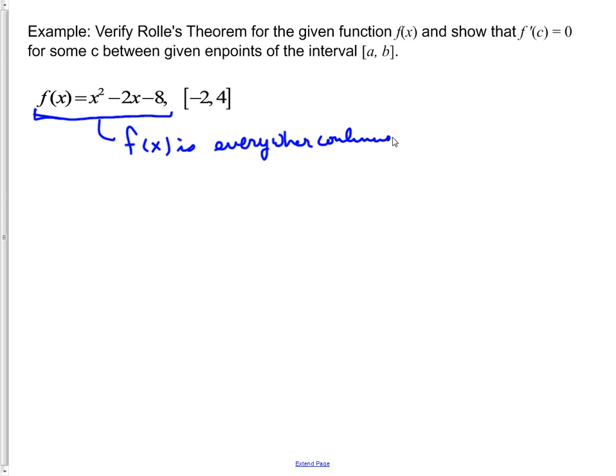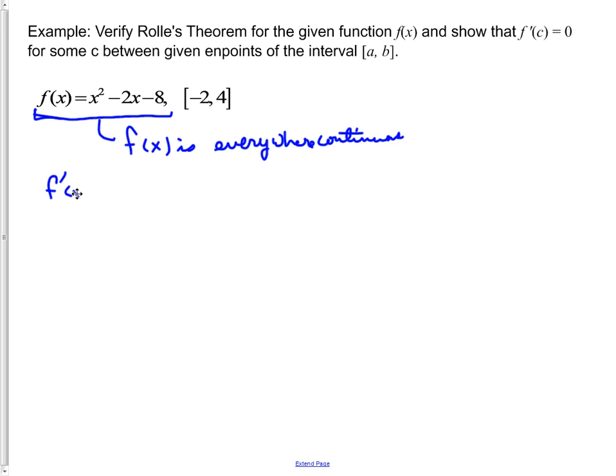And that is an important point. The function has to be continuous everywhere on the interval. In this case, it's everywhere continuous even outside of this interval, but this function is continuous on the interval from -2 to 4. We know that because a polynomial is the kind of function that is generally continuous over an interval.